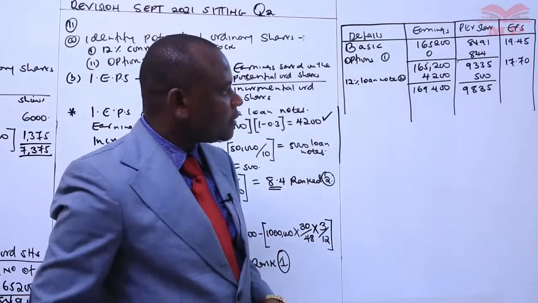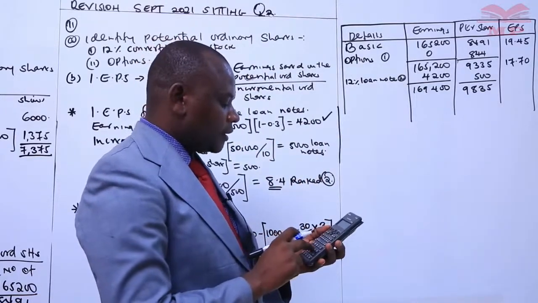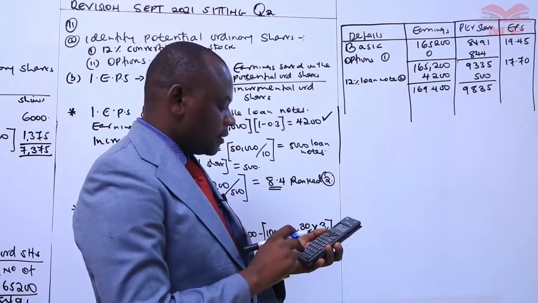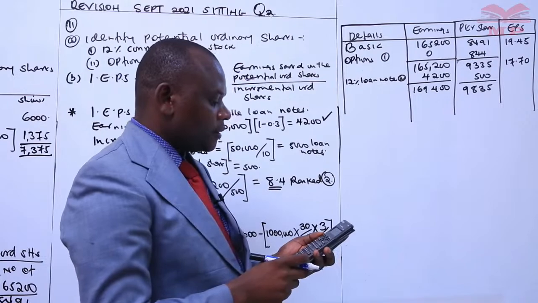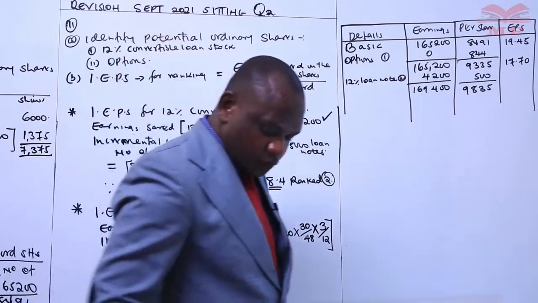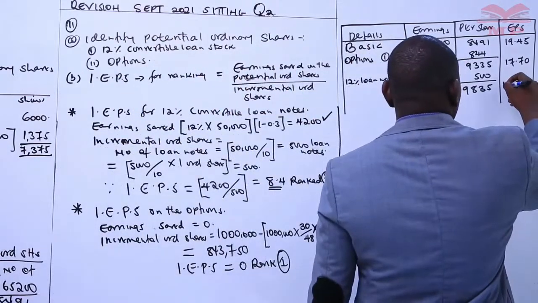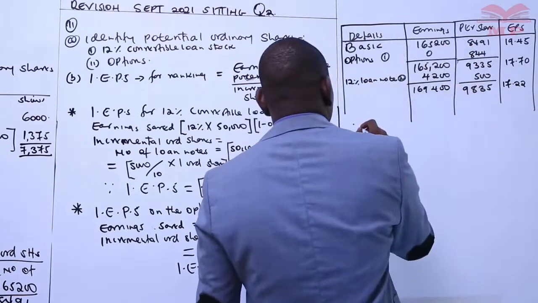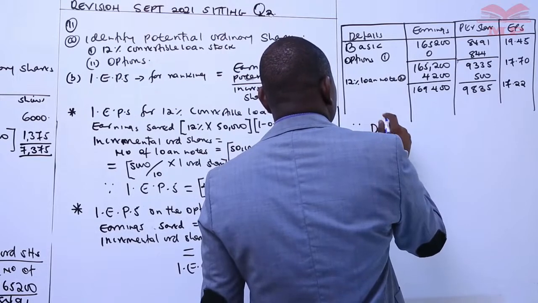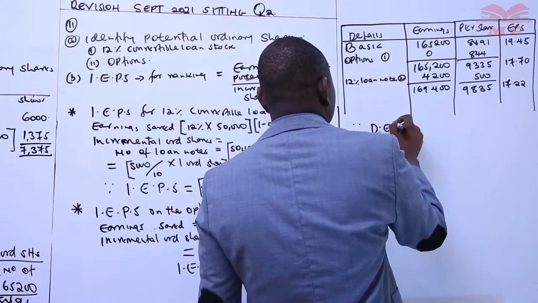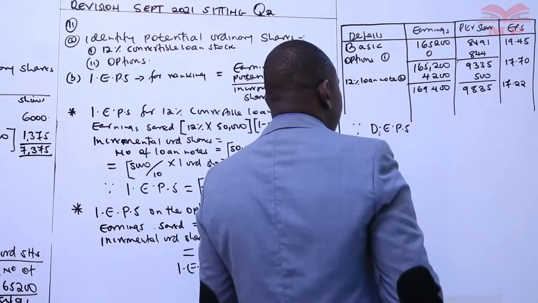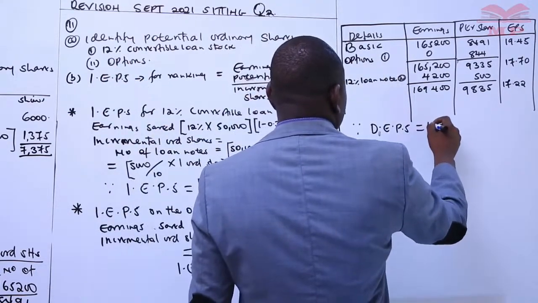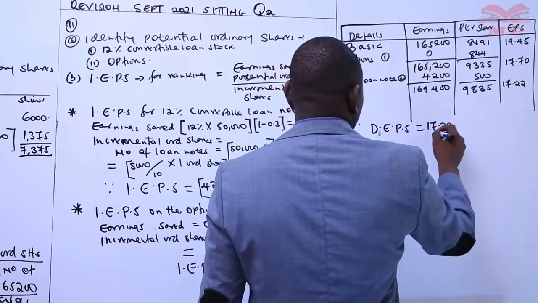What is the impact? 169,400 divided by 9835. 17.22. So therefore, our diluted EPS as a result of the potential ordinary shares is 17.22.